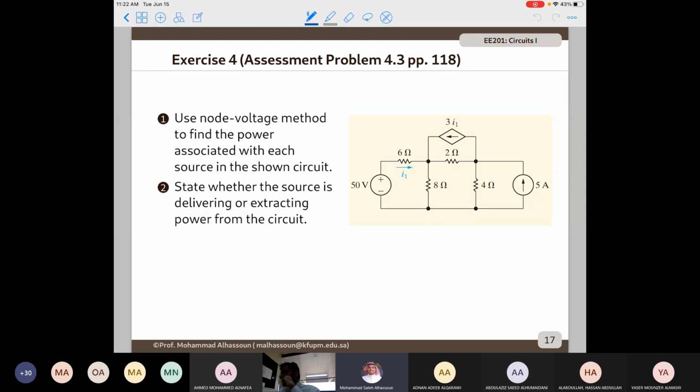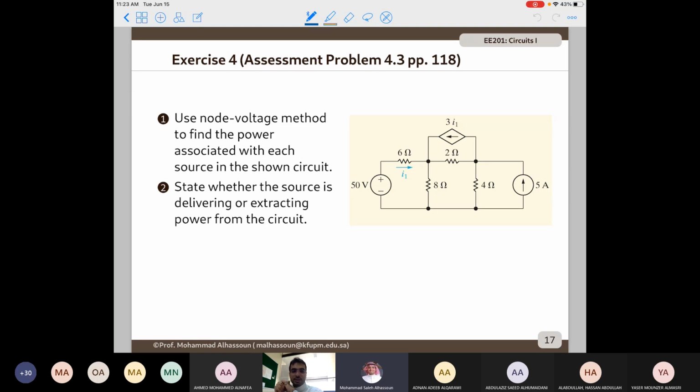In this exercise, we're asked to use the node voltage method to find the power associated with each source.